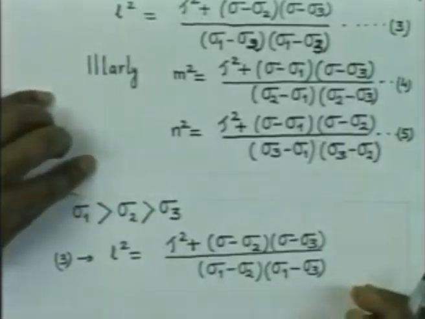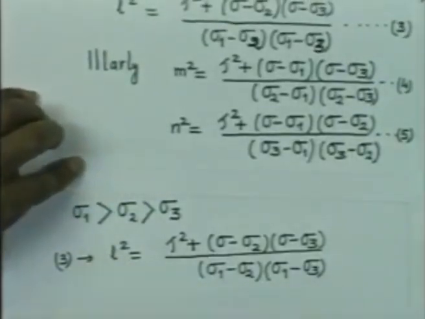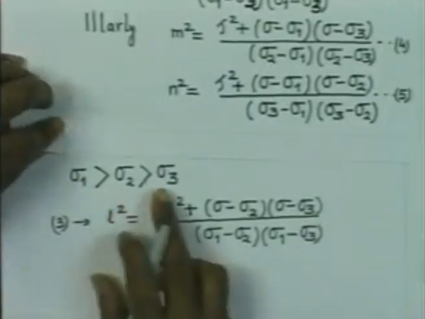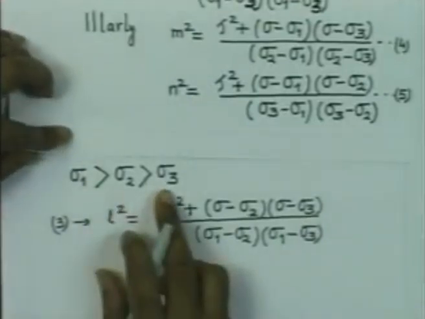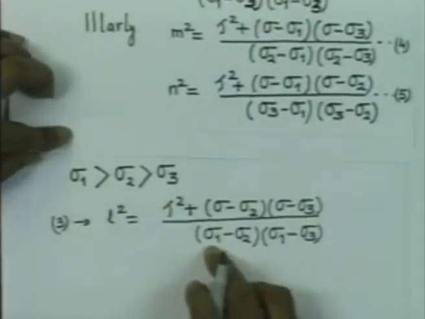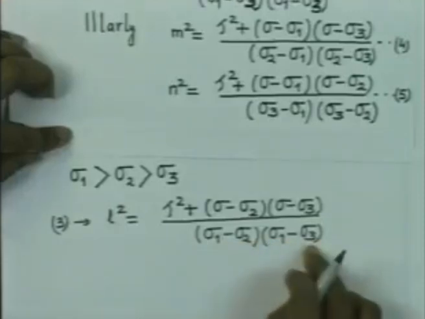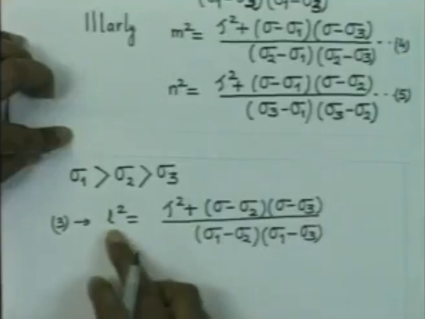Since the 3 stresses are having relative magnitudes like this, it is clear that this difference is a positive quantity, this difference is also a positive quantity, and we know for sure that L square is going to have value 0 or something positive.